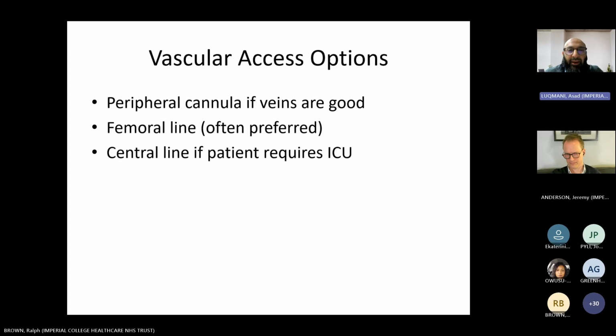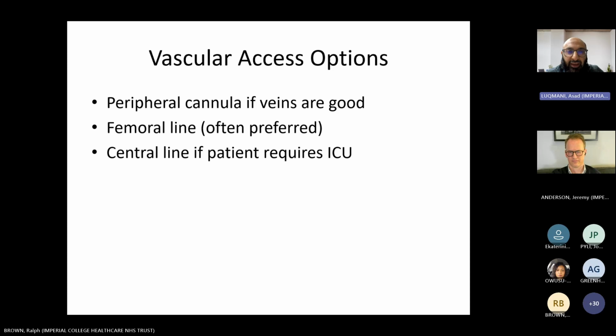Just to talk a little bit about vascular access in sickle cell patients. Many sickle cell patients will have quite difficult and challenging IV access. Obviously, where possible, we would try peripheral vascular access, but where that's not possible, then we often have to consider alternative types of access, such as midlines or femoral lines, and possibly a central line if the patient is needing an acute red cell exchange and going to ITU.